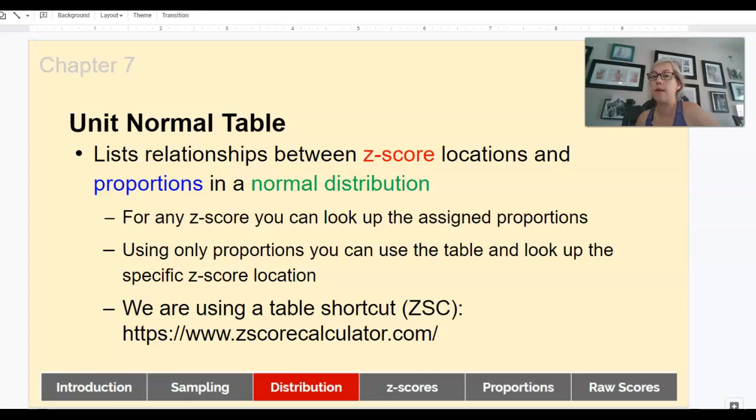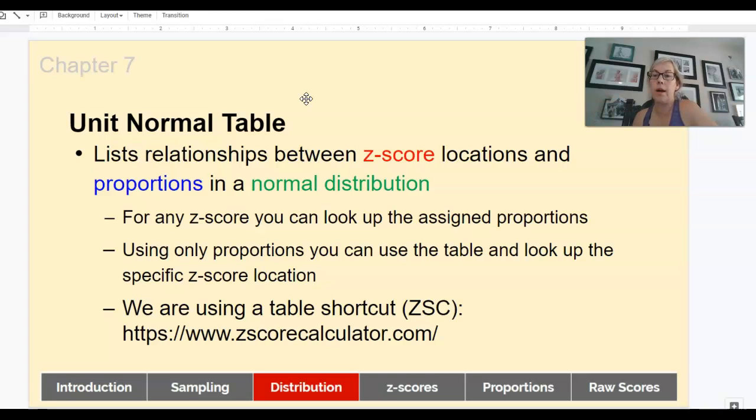This means that I'm not working with individual data. I'm working with a sample, comparing the sample mean to a population mean. So that's chapter 8.